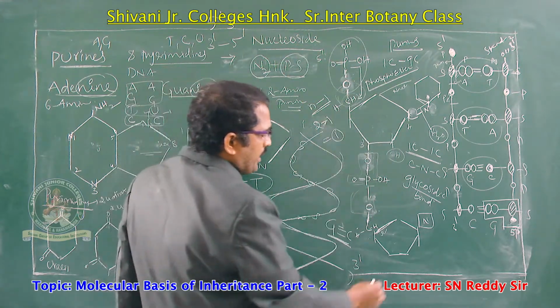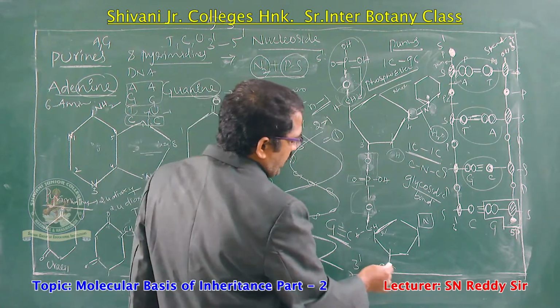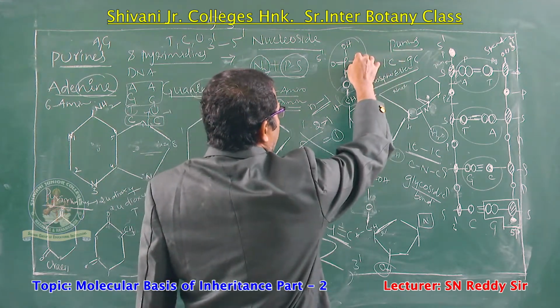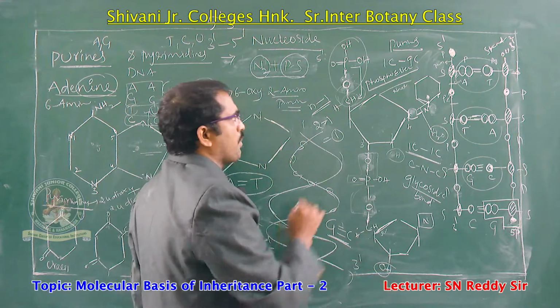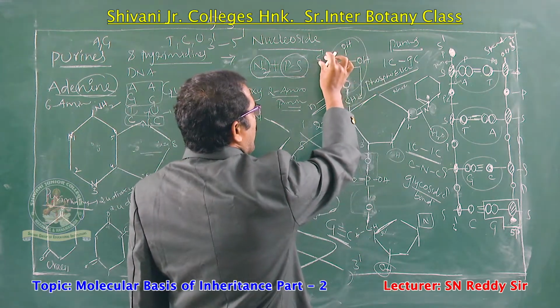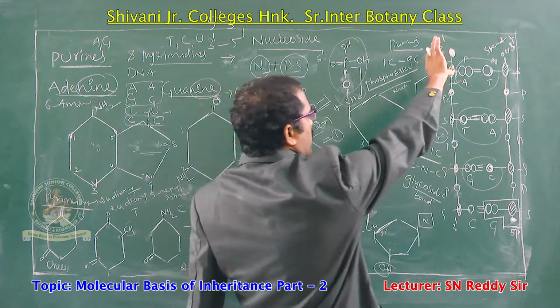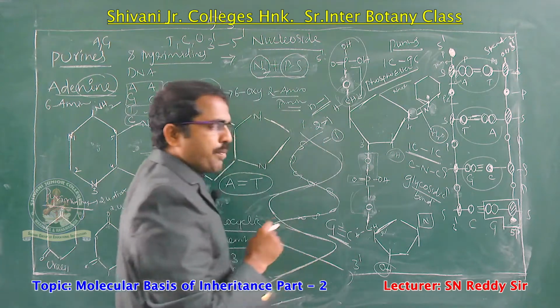On the other side there is a free hydroxyl group at the 3rd carbon. That's why it is mentioned as 3'. That's why in one strand we mention 5' to 3'. In the other strand it will be reverse, that is 3' to 5'.